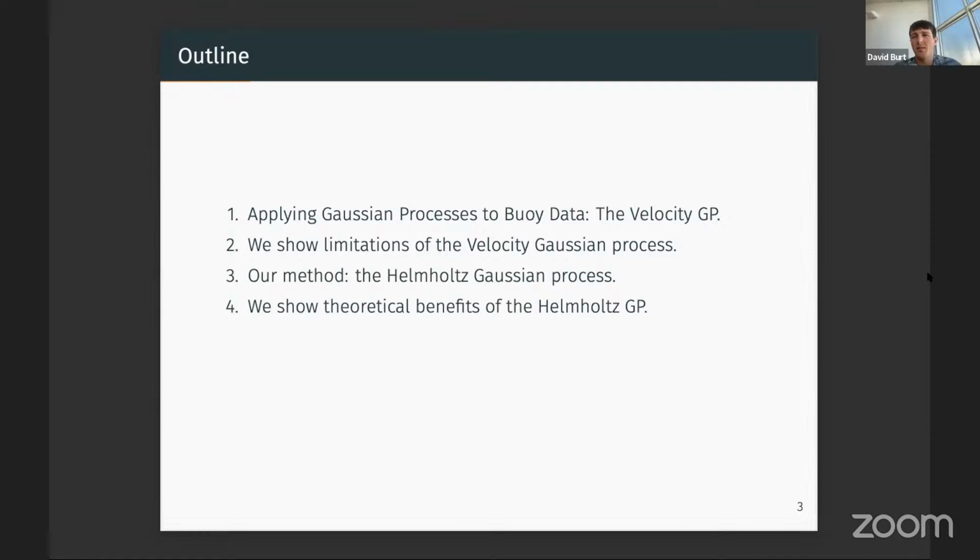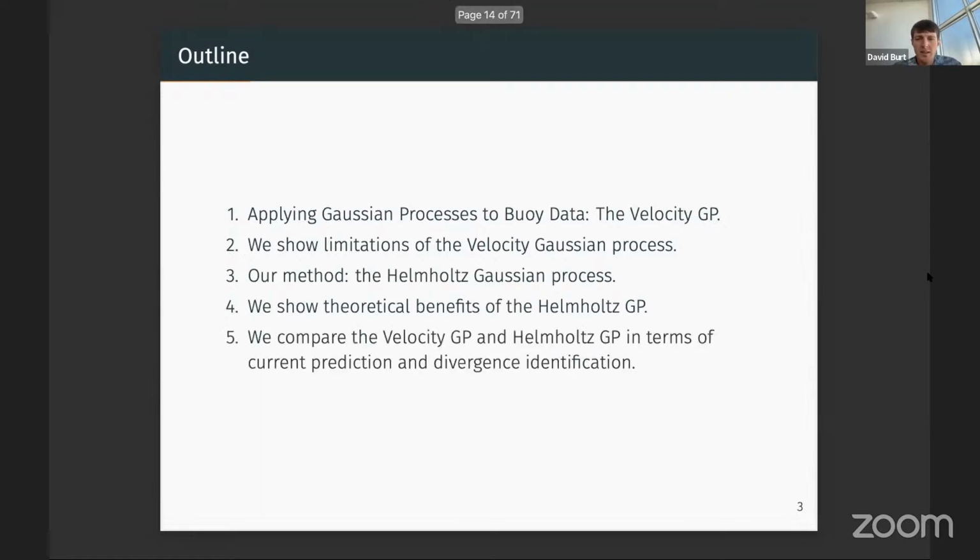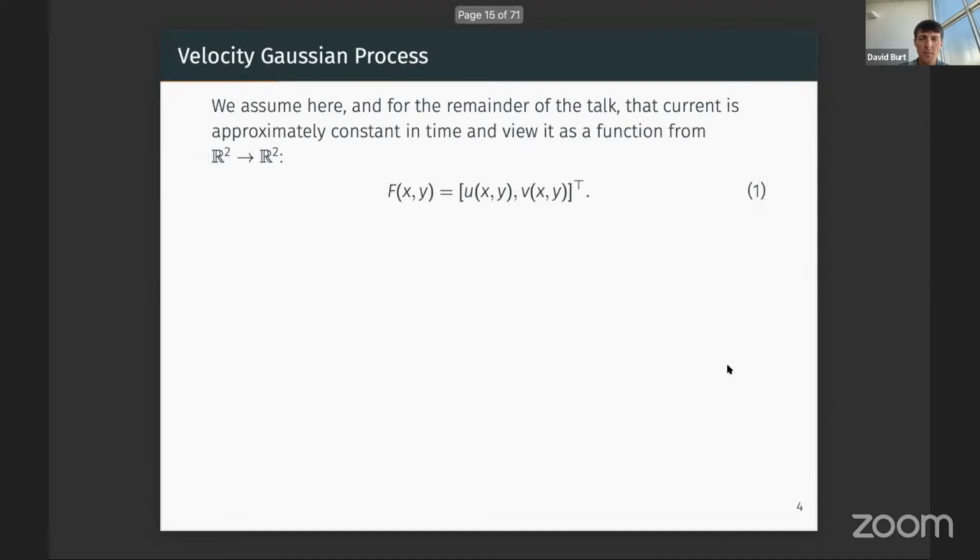I'll then discuss some of the benefits we're able to show of our method. And finally, I'll conclude by showing some experiments, both on real and simulated data, that compare the two methods in terms of both current prediction and identification of areas of divergence, so these upwellings and downwellings in the ocean.